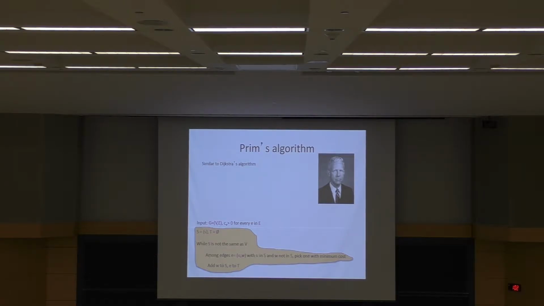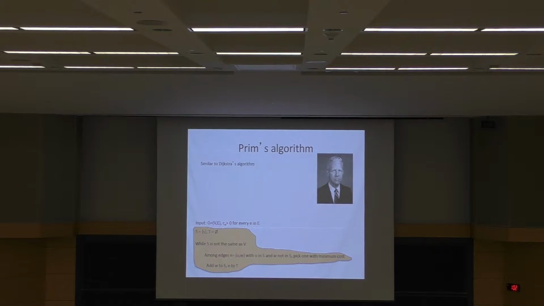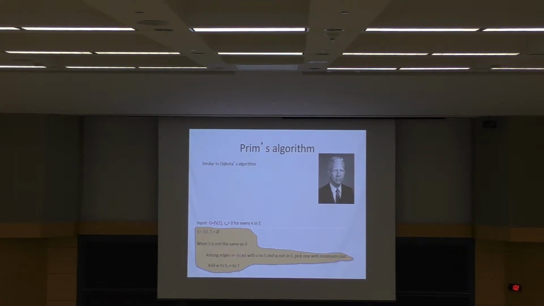Prim's algorithm is very similar to Dijkstra's, and here you build a set of nodes S that you have already handled. For this, you need a start vertex too. It doesn't really matter; you pick any vertex as S, and you'll be fine. At every step, you look at all possible crossing edges, where one endpoint is in S and the other endpoint is not in S, pick the one with the minimum cost, and add the other endpoint into S. You keep doing this till there are no more crossing edges.